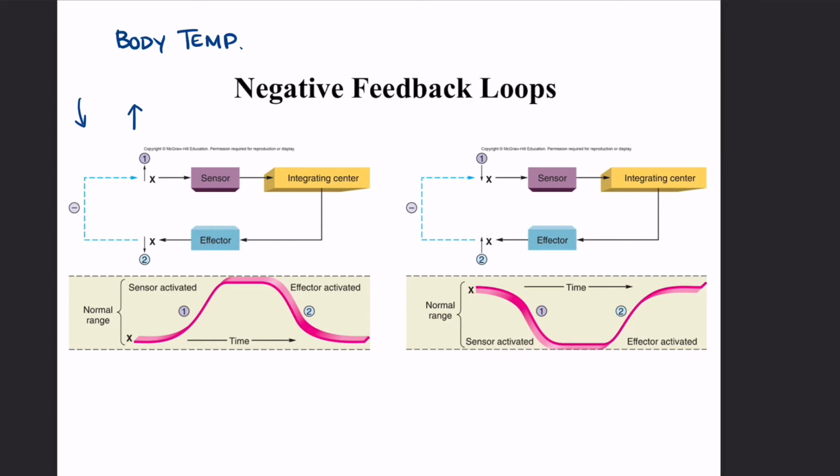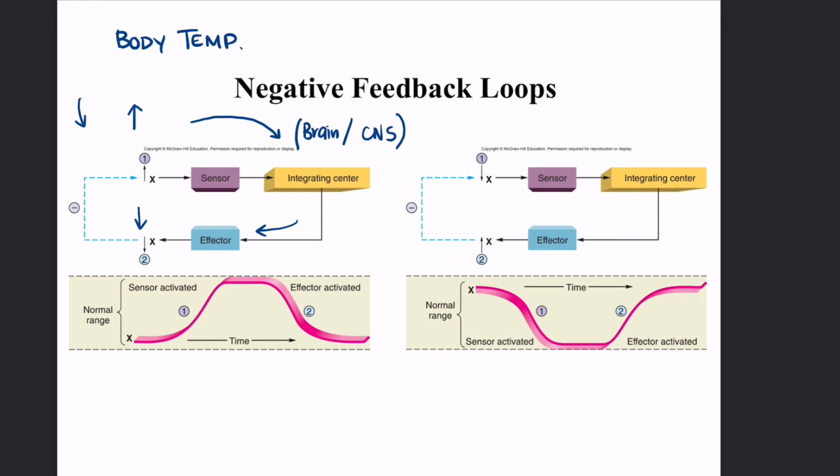Maybe on a hot day, or maybe after you went for a run. Those sensors would send information to our integrating system, which oftentimes is our brain or spinal cord. I could just write CNS. And it's going to cause some sort of effect. And if we're talking about body temperature here, it's going to do the opposite of that, right? To try and decrease our body temperature.